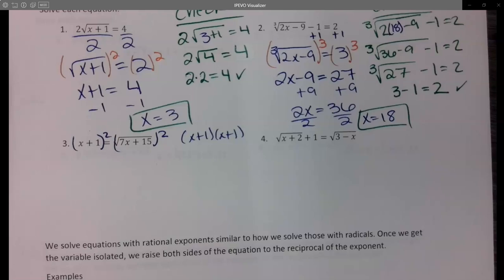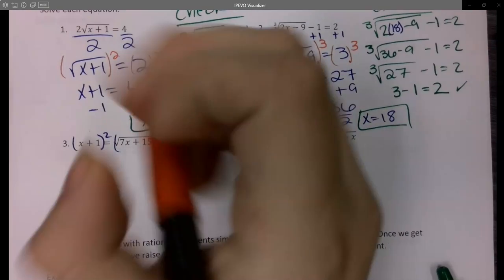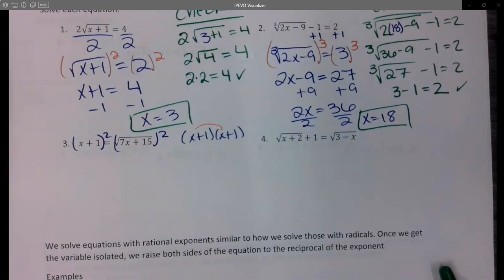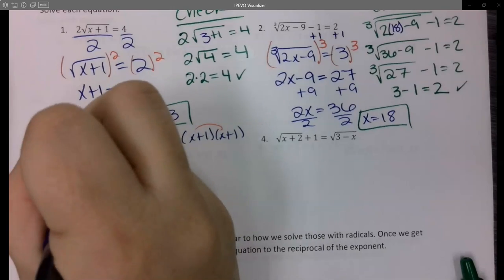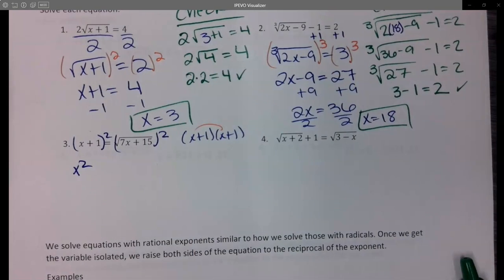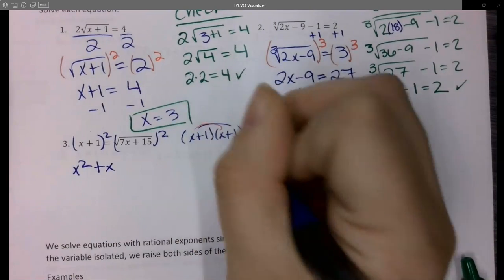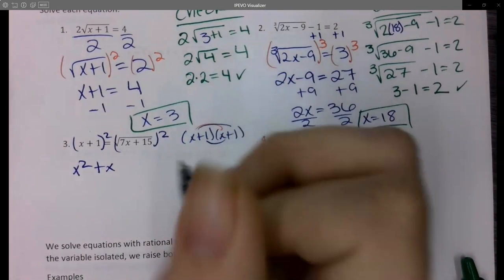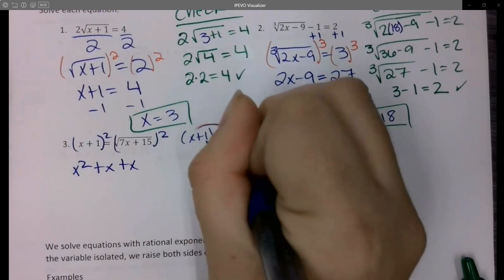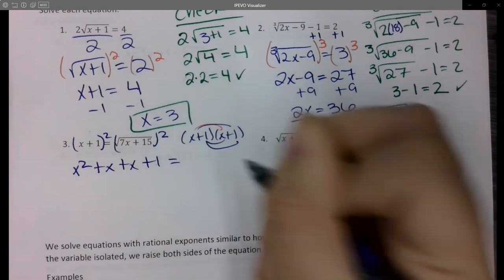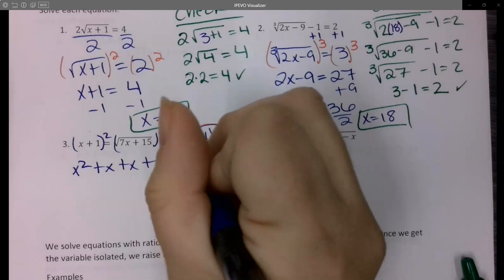Then I would do x times x, which gets me x squared. X times 1 gets me x. X times 1 gets me x. And 1 times 1 gets me 1. On the right side, the radical disappears.